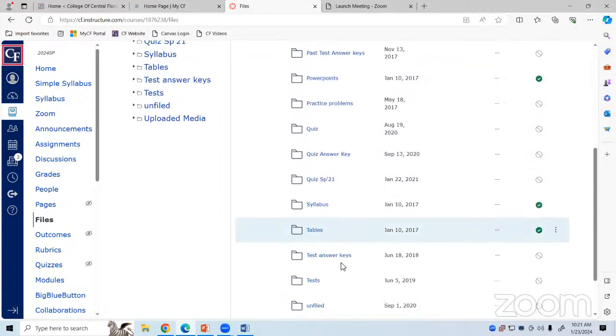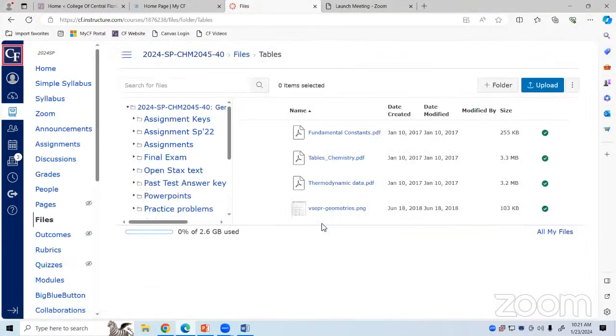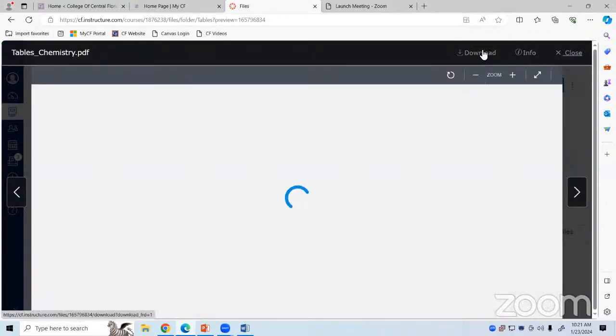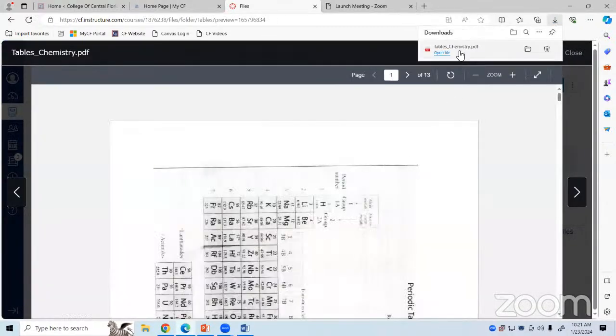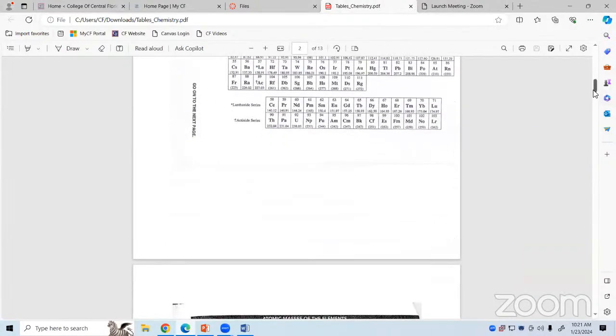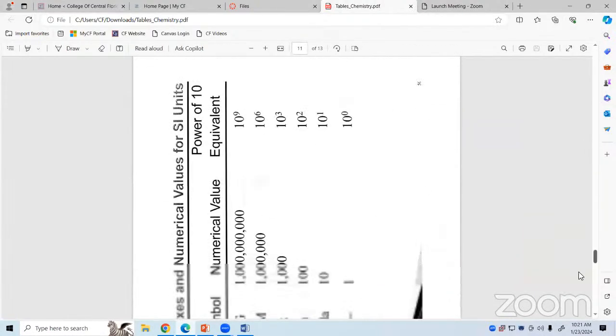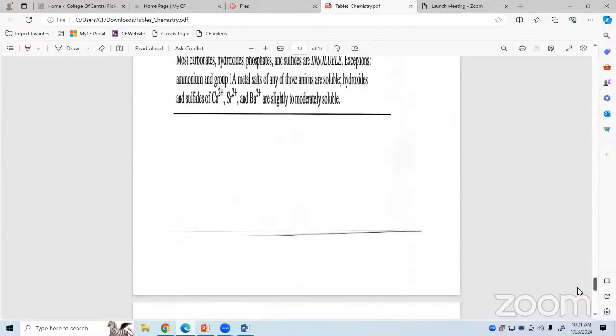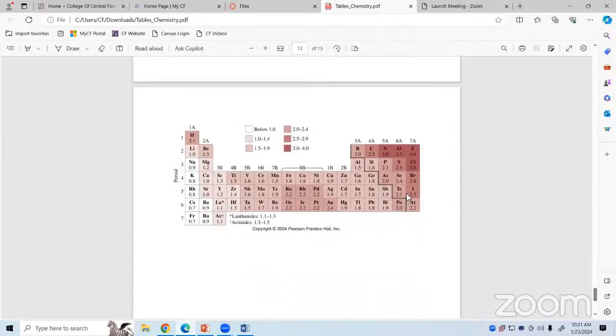Where's that table? So all the way at the bottom. Right, okay, so sulfur is 2.5, nitrogen is 3.0, right? So because sulfur is lower than nitrogen, sulfur would appear first in the formula and in the name. All right? Thank you. All right.